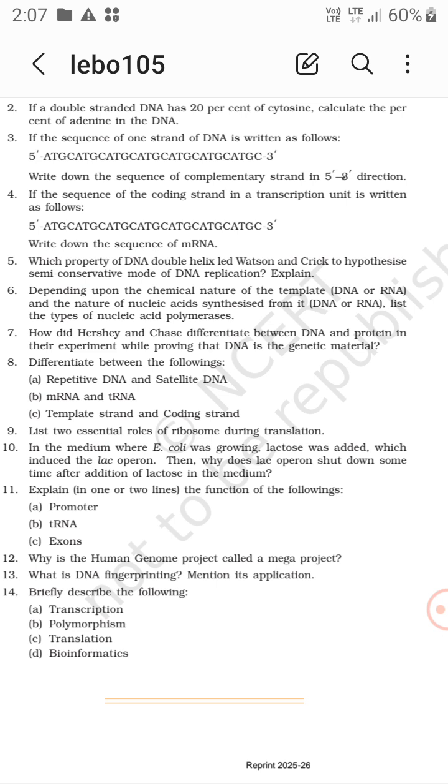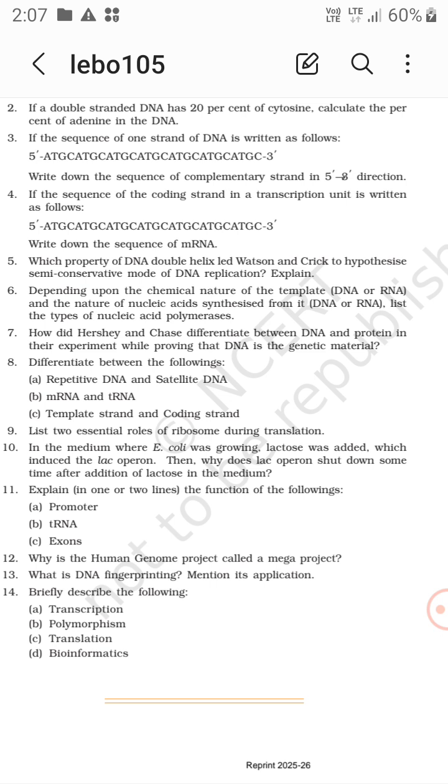Differentiate between the following: repetitive DNA and satellite DNA. mRNA and tRNA, that is messenger RNA and transfer RNA, also known as the adapter molecule. Template strand and coding strand.